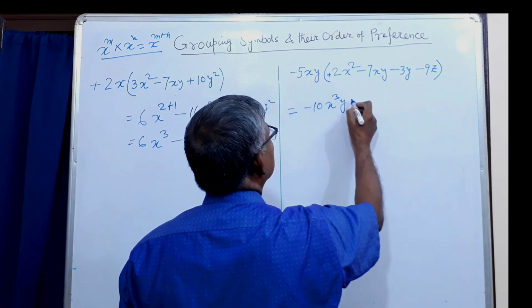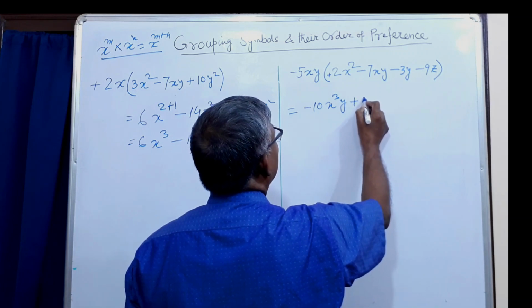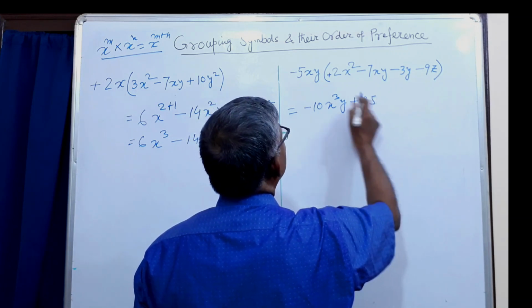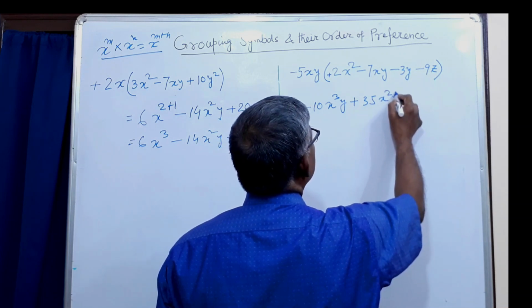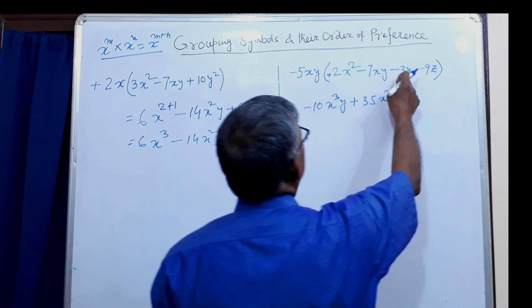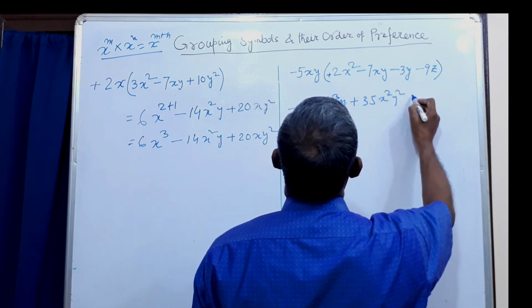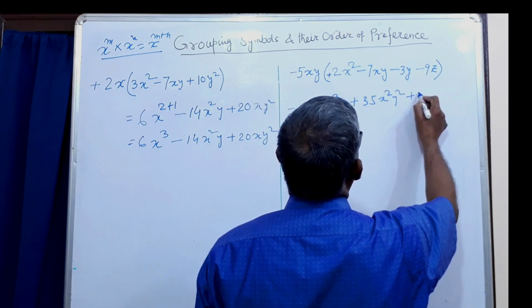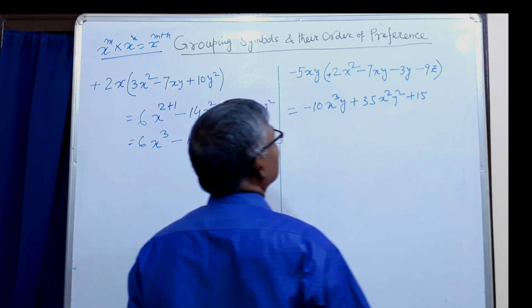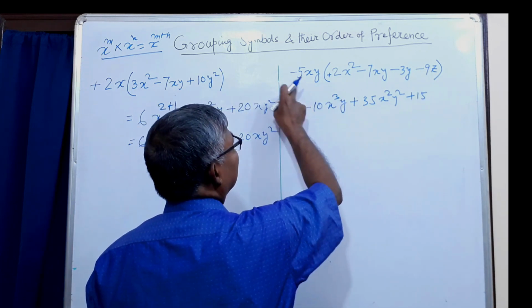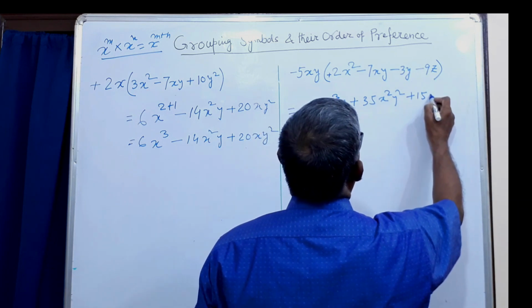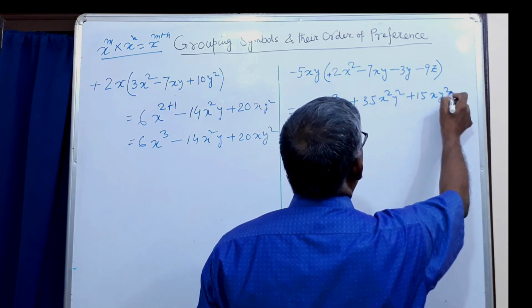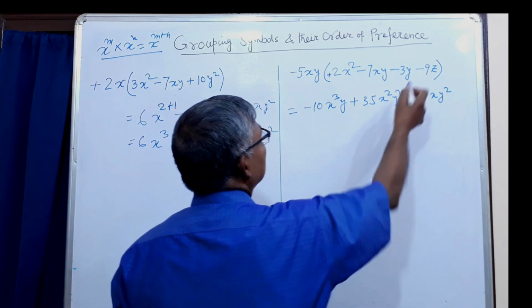Negative into negative means it is positive, that is 35. Xy into xy means x square y square. Here is also negative. 5 into 3, that is 15. It is multiplied by negative number, so it will be changed, that is 15 x y square, and it is also negative.